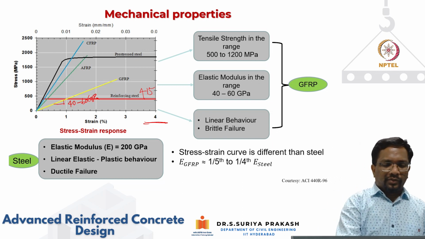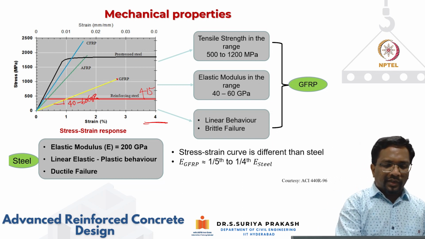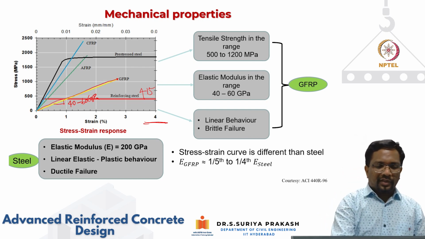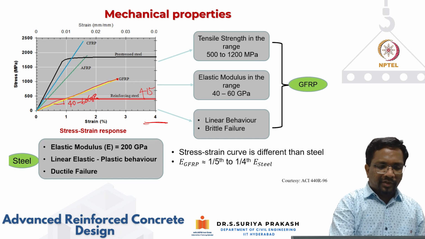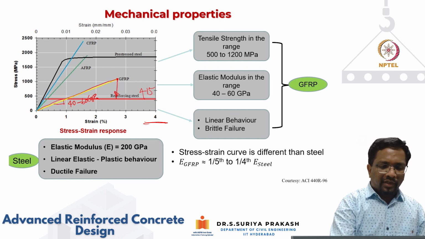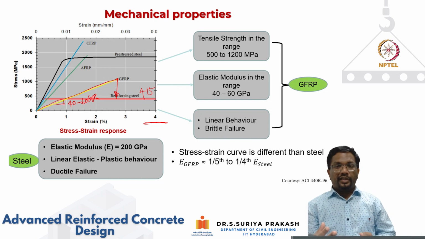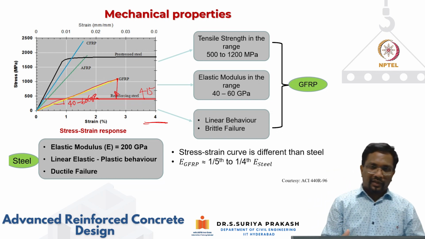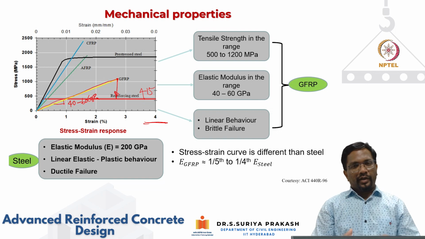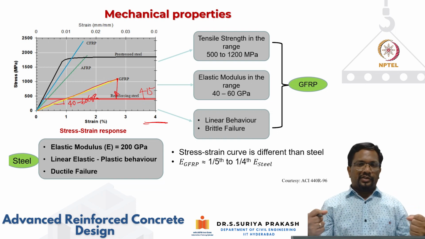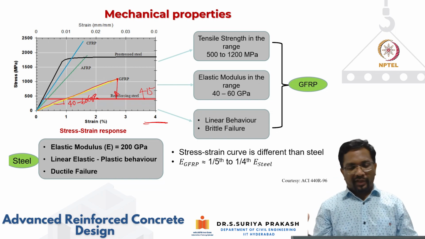Another thing to note here is that these bars exhibit linear elastic behavior. As soon as they reach their ultimate strength or ultimate strain, they rupture and fail without giving any warning. Steel, we know, is a very nice material. After yielding, it sustains large strain at the same stress level, and may also exhibit strain hardening.